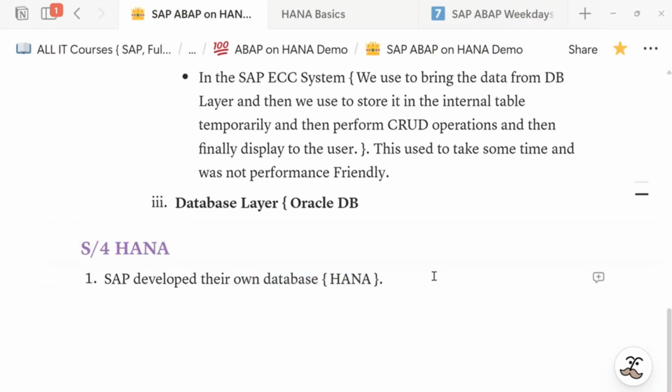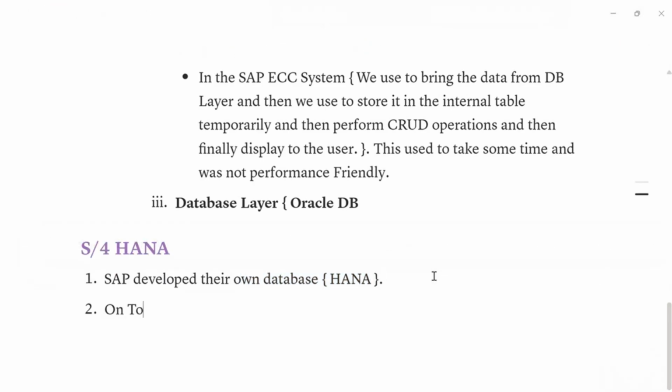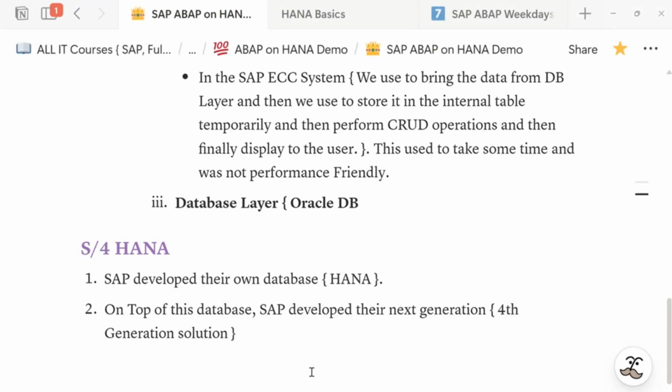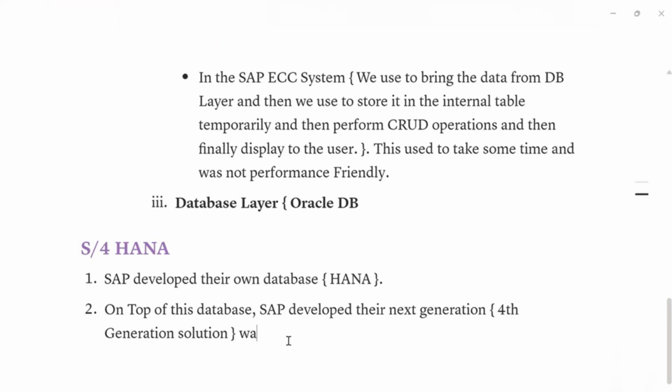And on top of this database, SAP developed their next generation product, or you can simply call it a fourth generation solution, which was called S for HANA.